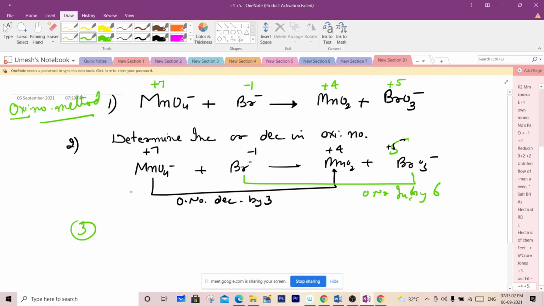Now, cross multiplication. I should multiply 6 with this and 3 with this.